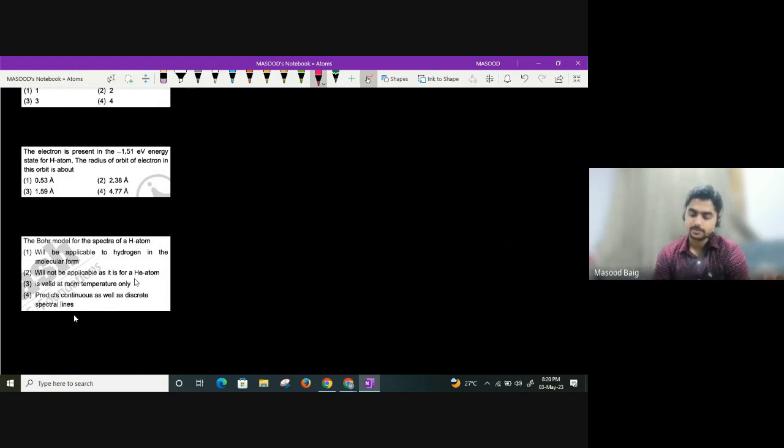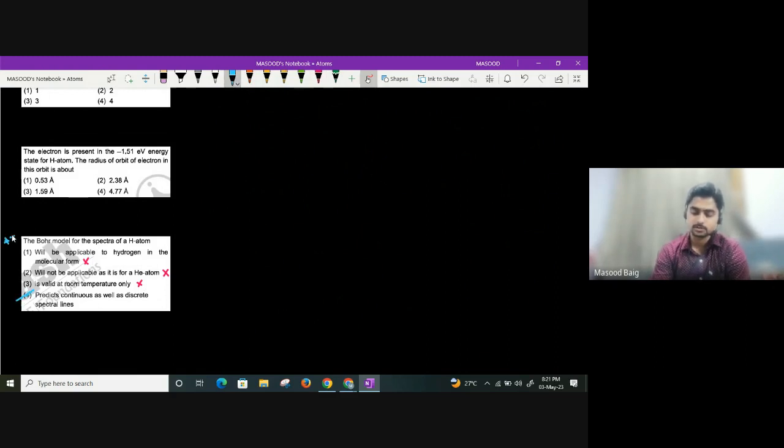It is applicable for a single electron system only, ionic form you can consider. It is not necessary to be at room temperature, guys. It is valid at any temperature.